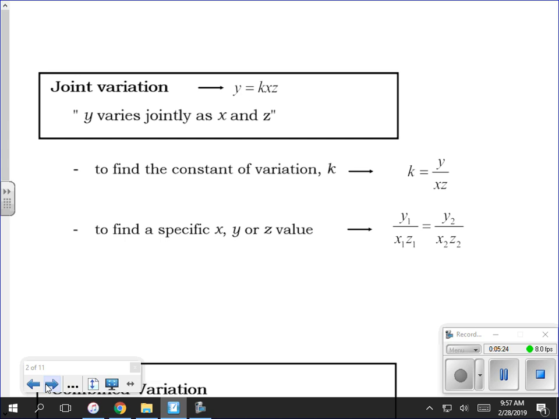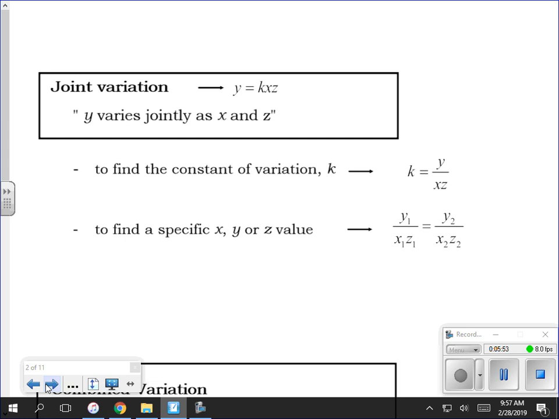Y varies jointly with x and z. That means my constant of proportionality is equal to y divided by x times z. So it's directly with both of those variables that it's jointly with. It could be jointly with like five or six variables. Jointly is another version of direct variation.